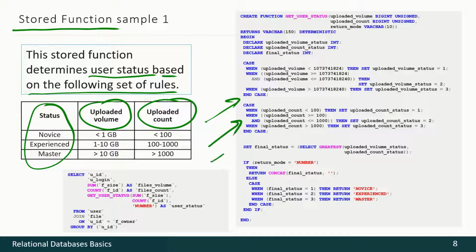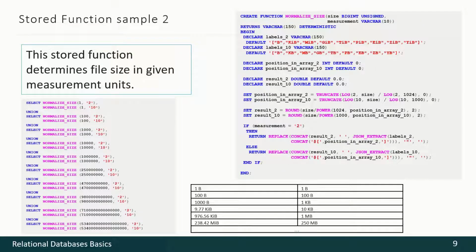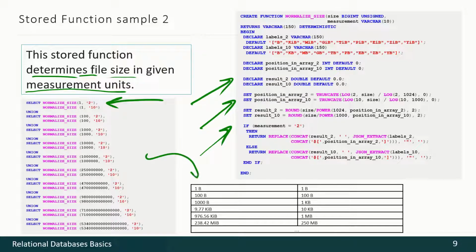It is rather huge, but once we have that function, we may call it so easily from our SQL query. And as long as we have a lot of files, we may want to determine the file size in given measurement units. Once again, this is the code, it's rather complex, it's rather big, and here is the simple usage of that stored function with the result.